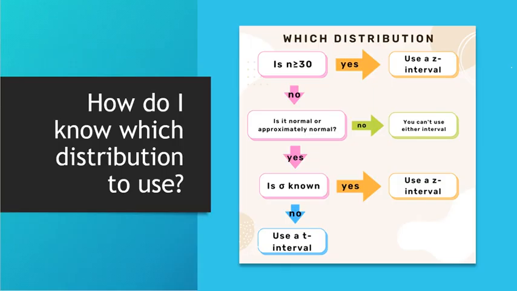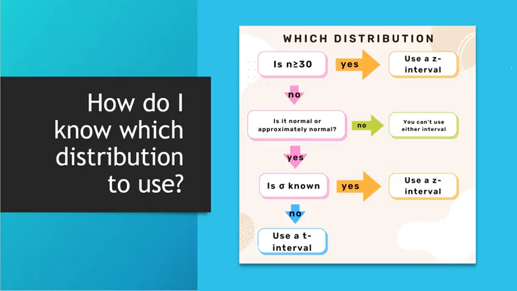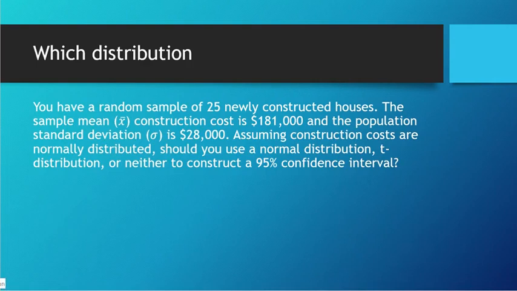So we answer yes to that. Is sigma, the population standard deviation, known? It says the population standard deviation, sigma, is 28,000. So yes, we're going to use a Z interval here. Again, that's that rare situation. And that is it for 7B.